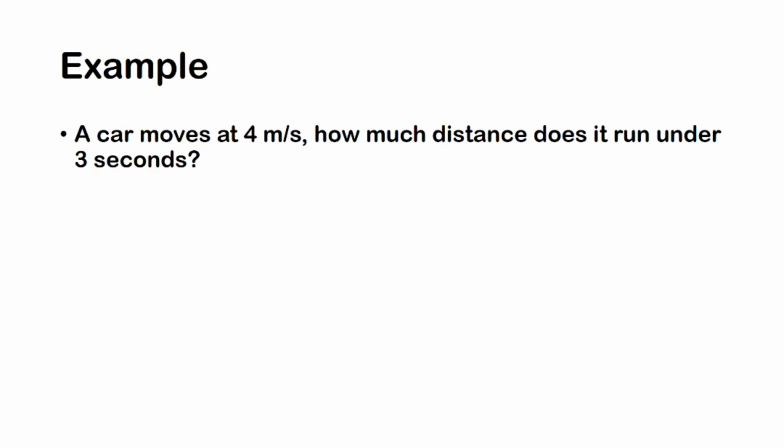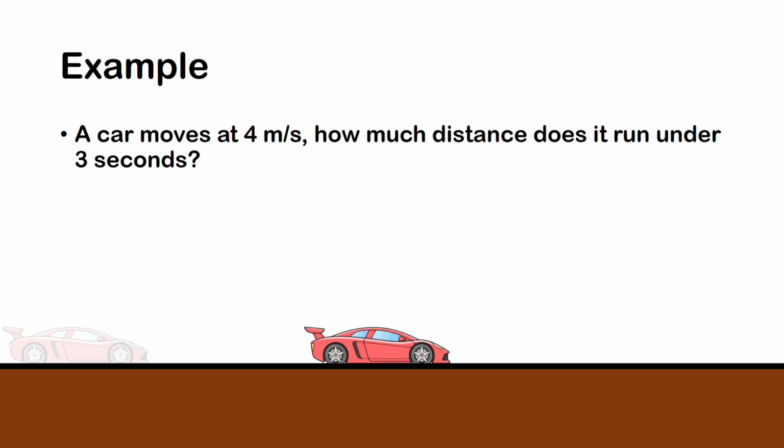Let's look at an example to deepen our understanding. If a car moves at 4 meters per second, how much distance does it run in 3 seconds? But first of all, let's imagine a car. I have two pictures of a car, one of them is brighter, one of them is not.